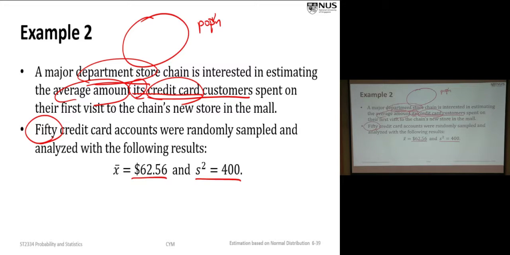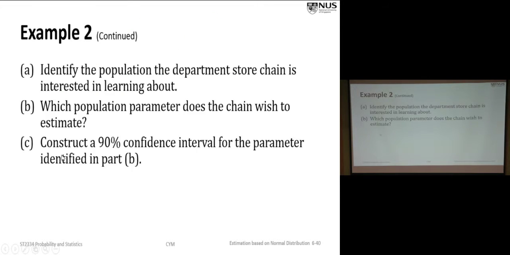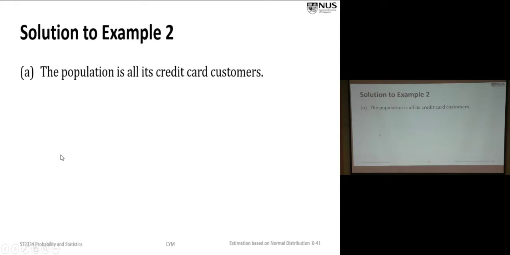Those customers with this departmental store credit card, or at least some link to this departmental store, and the first time they use it, how much they spend, and we're interested in the average amount. So the population referred to is the population of all its credit card customers.